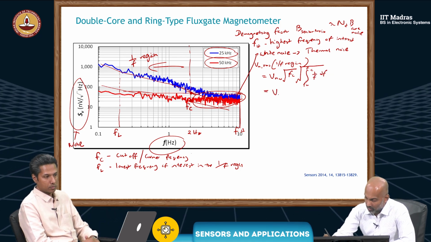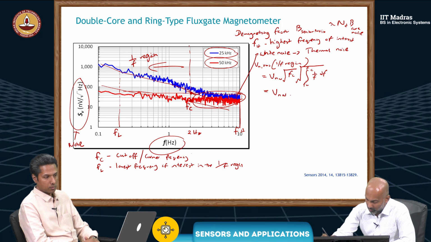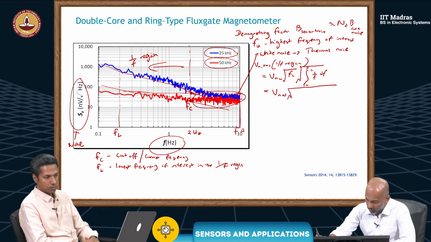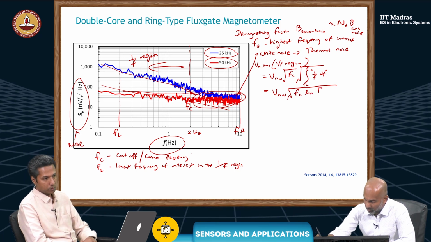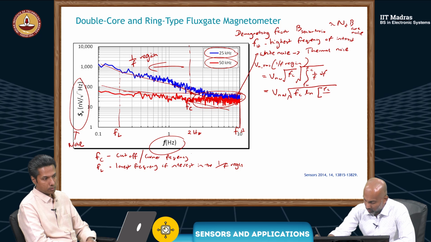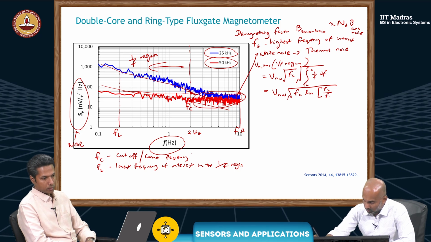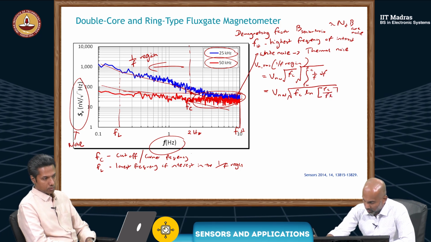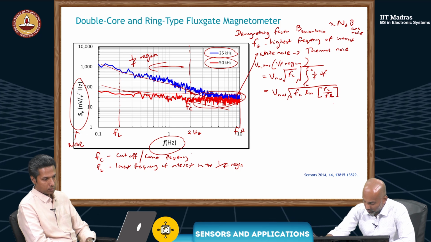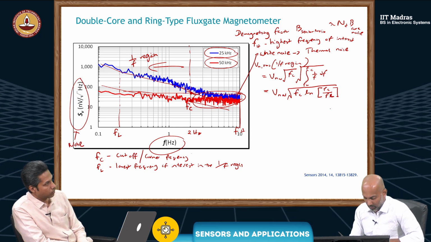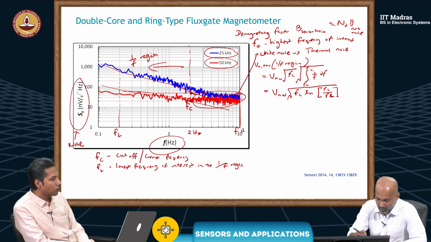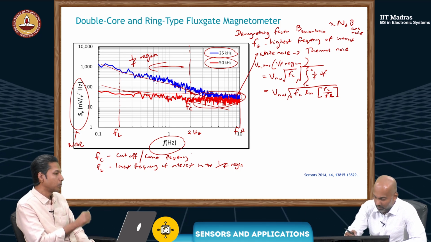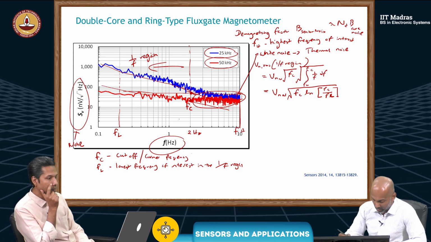Then you get VNW square root of FC natural log FC over FL. Correct? I'm talking about this region here, so all the area underneath.